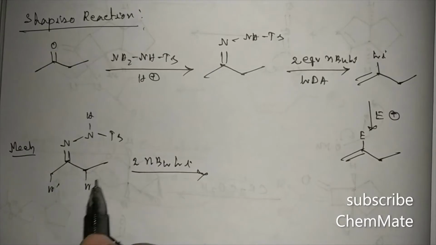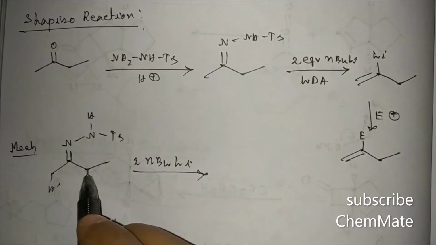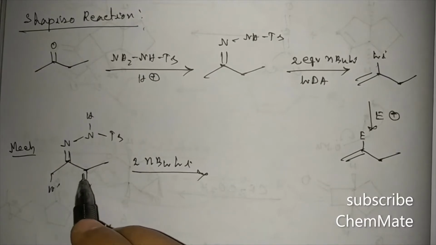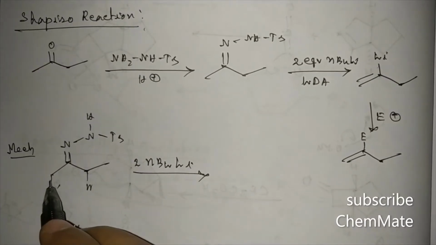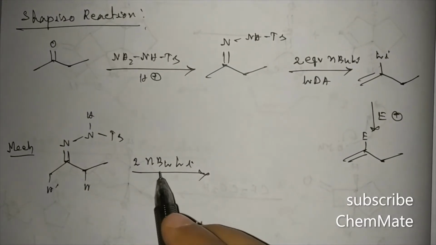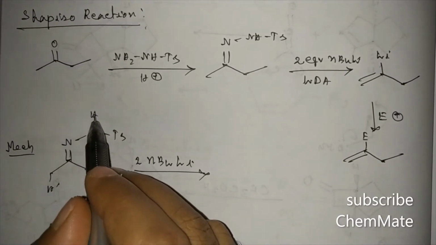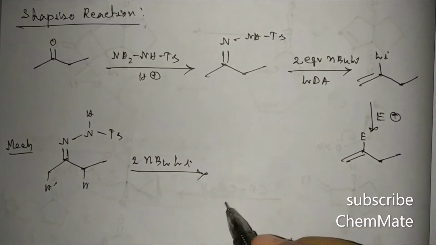That is because the methyl group operates a +I effect; this will form a 2-degree carbanion, while this will form a 1-degree carbanion, so this is more acidic. So the two equivalents of n-butyl lithium will abstract two protons, this proton and this proton, and a dianion will be formed.